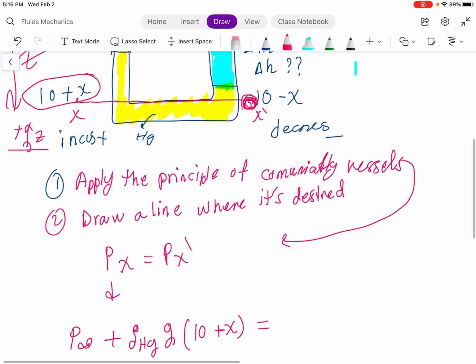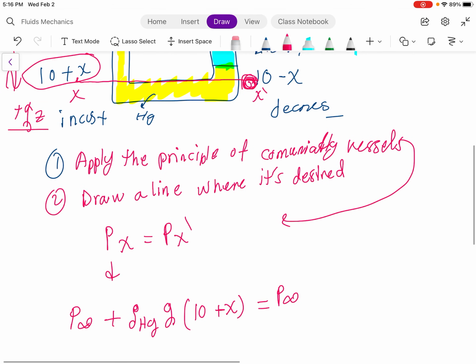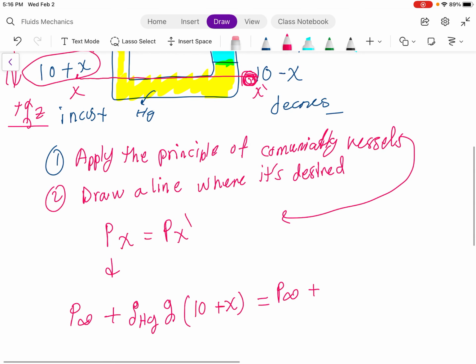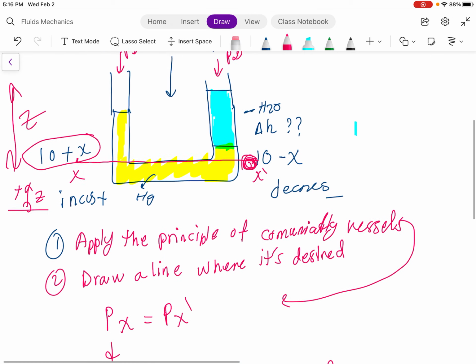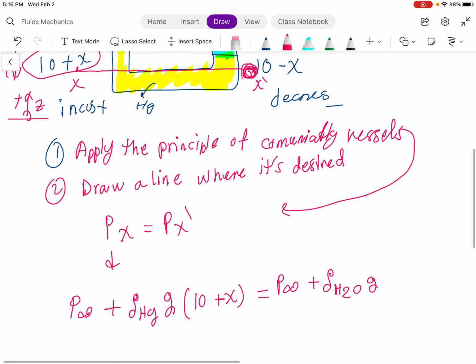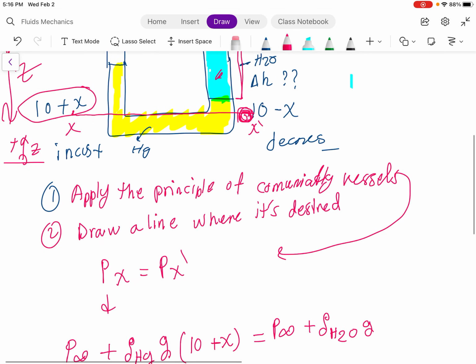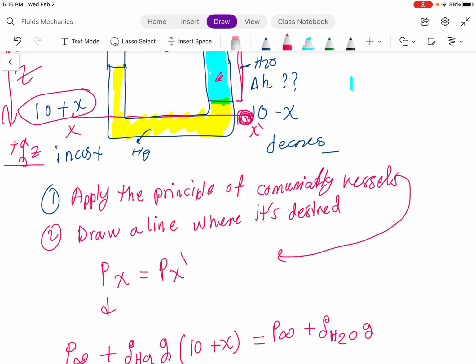So in this point, what is the pressure? As always, pressure plus the density of water. We have water in here. And then the gravity. And what is the delta Z for water? It's just delta H. We can call it anything, you can call it whatever.